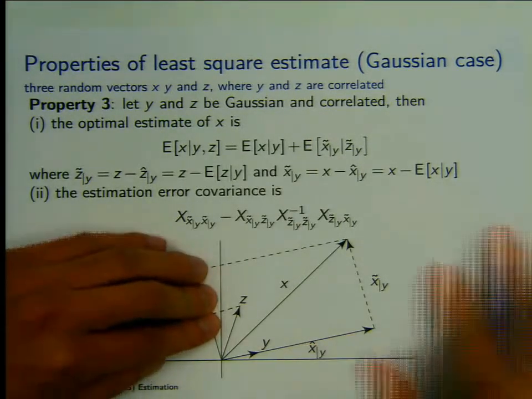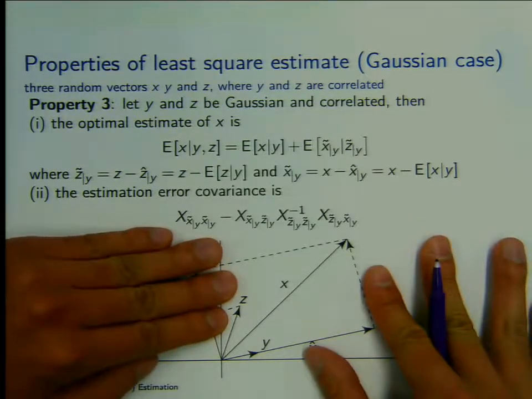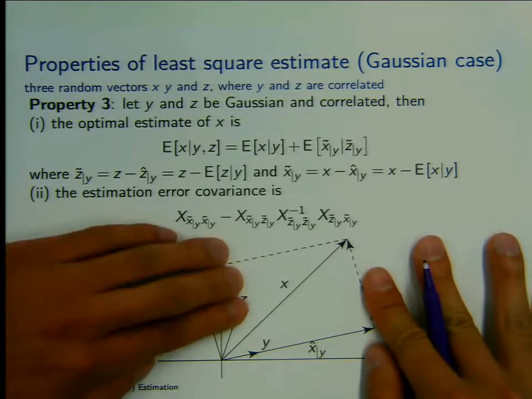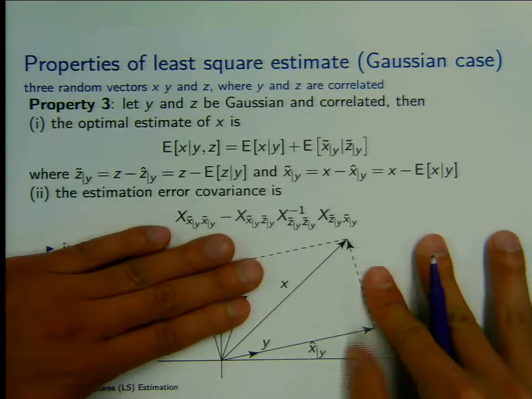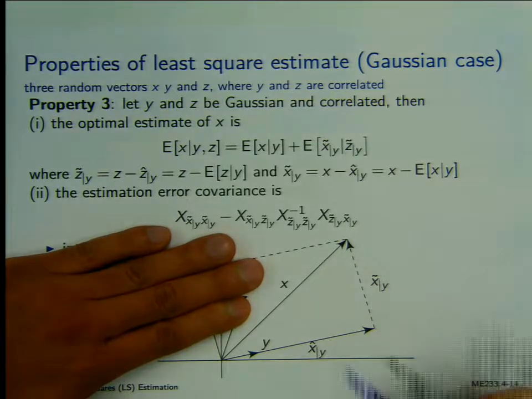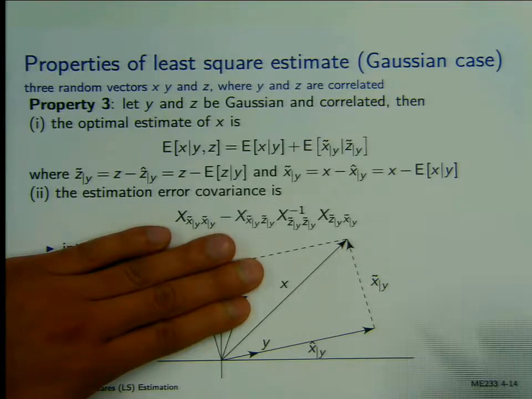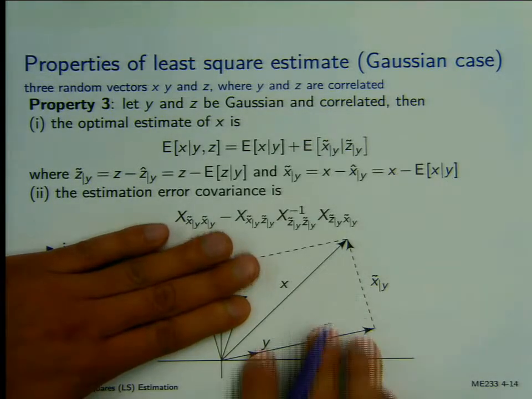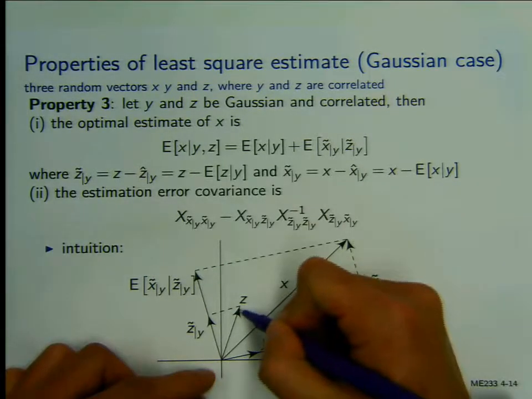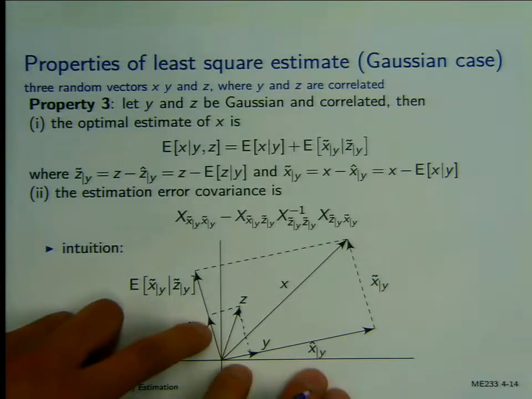So I'm going to hide all this information first. If I want to estimate x given y and z, I can first of all do this. I can first ignore z. I just estimate x given y. This is the first step. So I'm going to have x hat given y and x tilde given y. Then in the second step, I'm going to start to use the information of z. But notice, z can be decomposed into two vectors, either along this one or along this one.